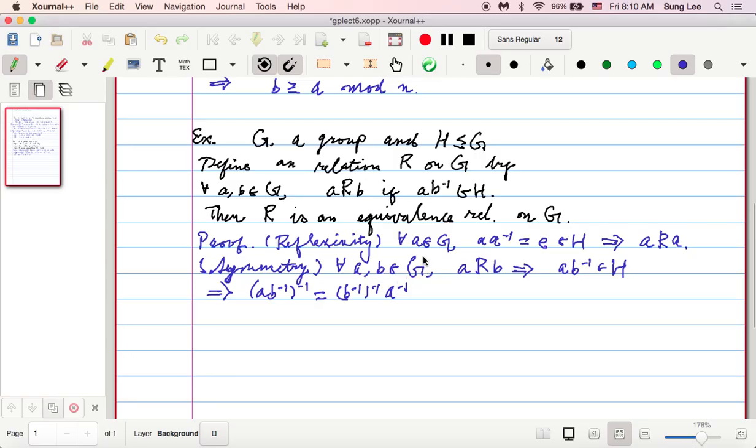It is a very basic and important property of groups. So anyway, this equals b a inverse. So this has to be in H as well. And this means, by definition, b is related to a.